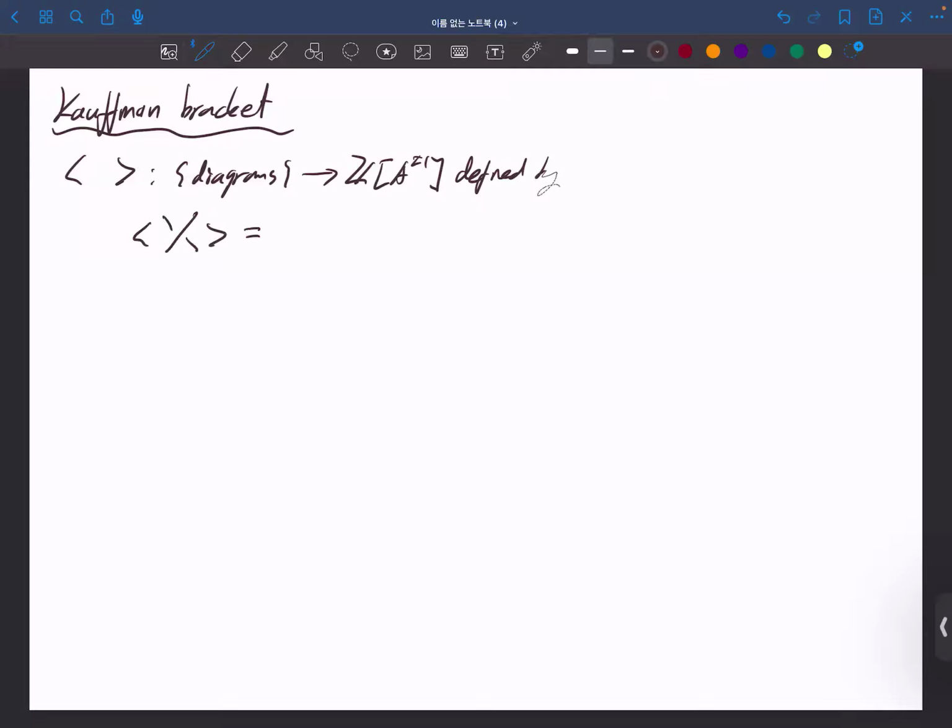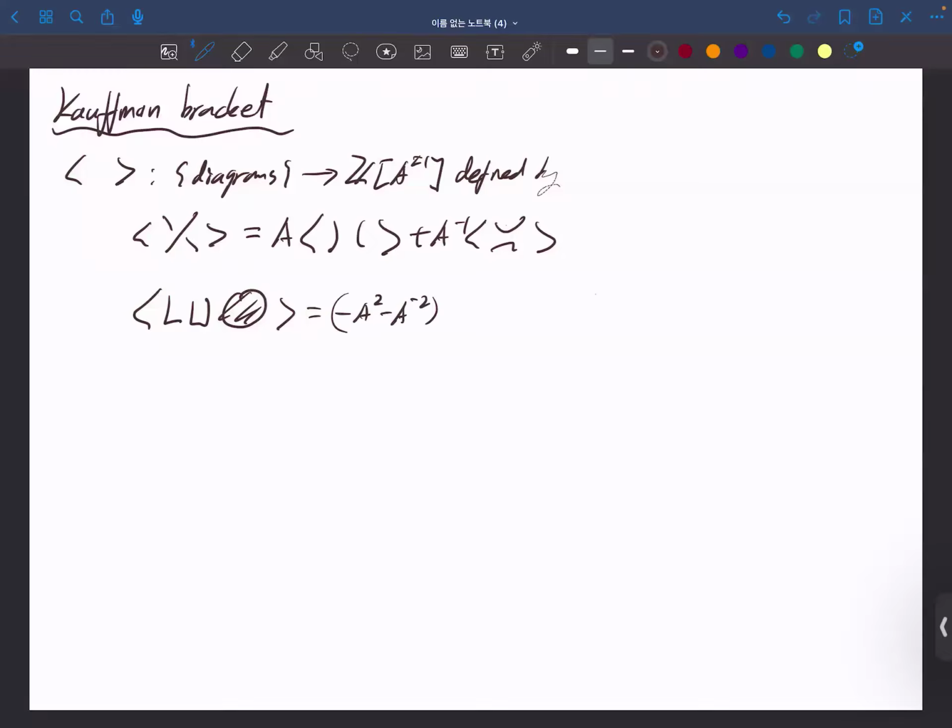For each crossing, this bracket satisfies such an equality, and if we have an additional circle, then it is equal to L. By using those two equalities, we can obtain such a map.